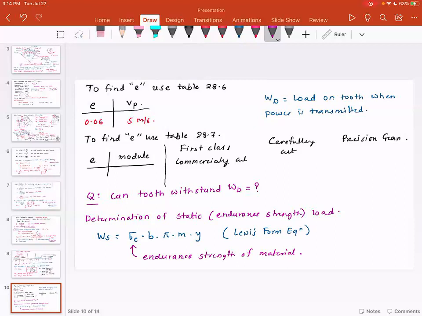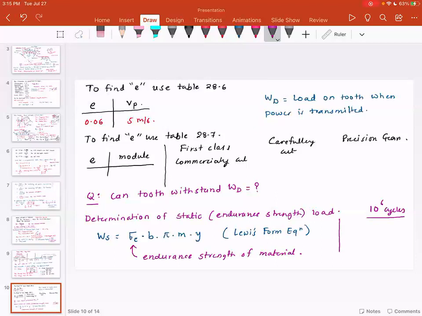And just a quick recap, what is endurance strength? If you set up an experiment and apply a fatigue load to a specimen for an infinite period of time, typically taken as 10 to the power 6 cycles, the amount of stress the material can withstand is called the endurance strength.